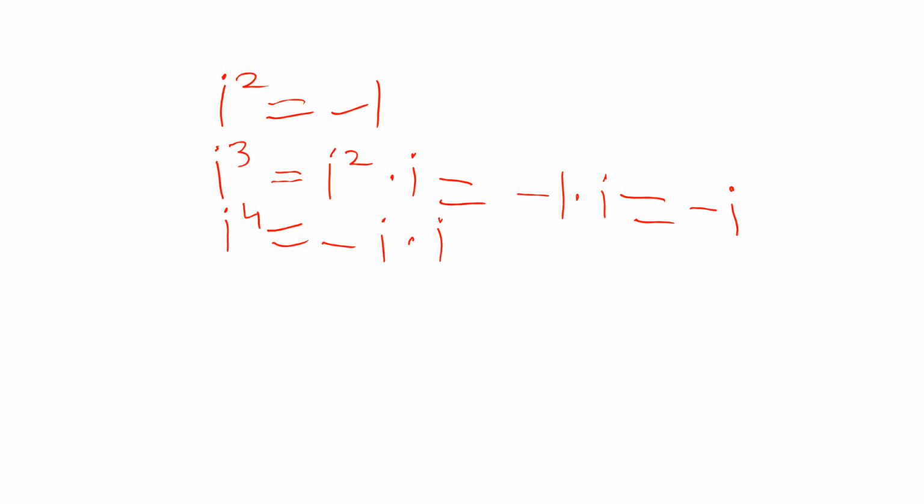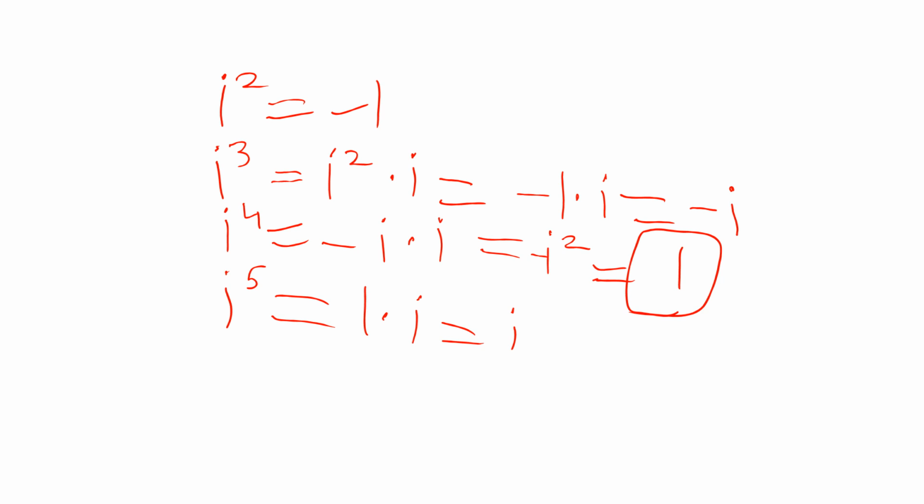Since i cubed is -i, multiply that by i, you get -i squared, which is just 1. i to the fifth, this one's optional if you want to memorize it, is 1 times i. i to the sixth you need to memorize. It's just i squared, which is -1.